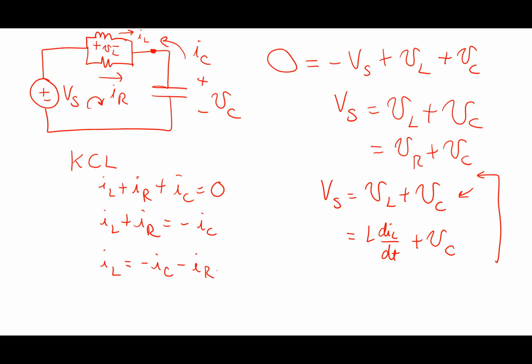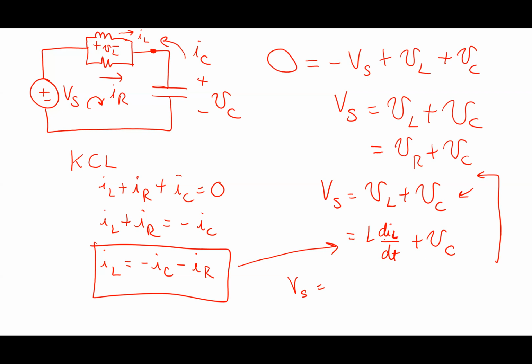So what should I do? What about taking that equation and dumping it into this one? What about taking this here and putting it into here? How could I do that? So this is IL right here.